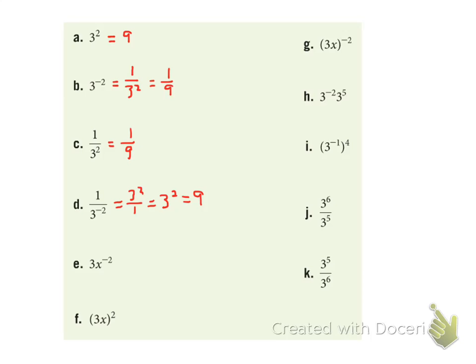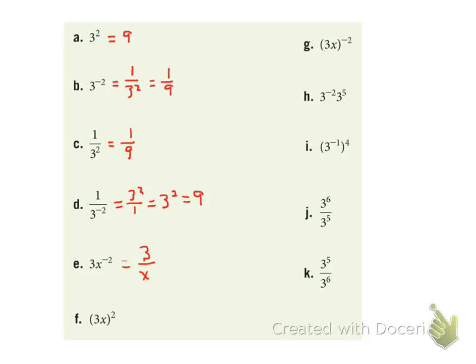How about E, Nicole? I got 1 over 3x to the 2nd power. You're close. What's the exponent on a 3, even though it isn't written in there? 1. Right, so it's already positive, which means the 3 should stay on the top.